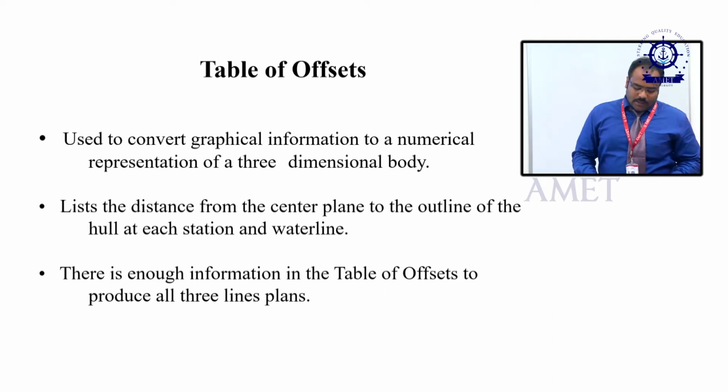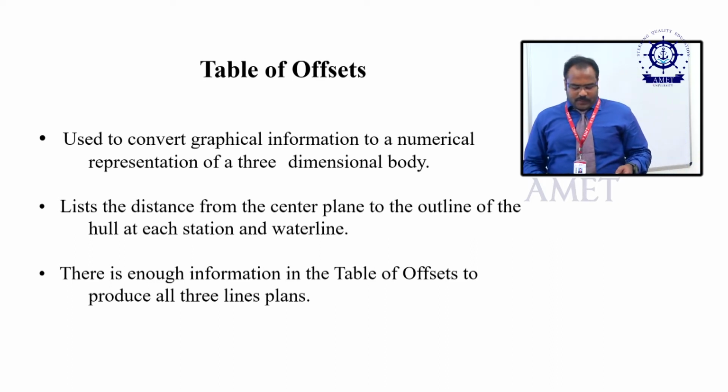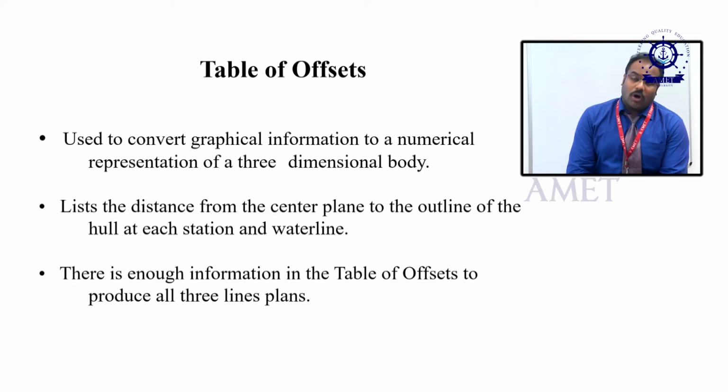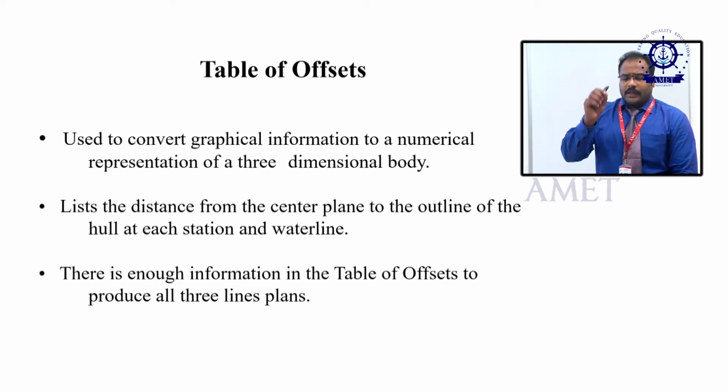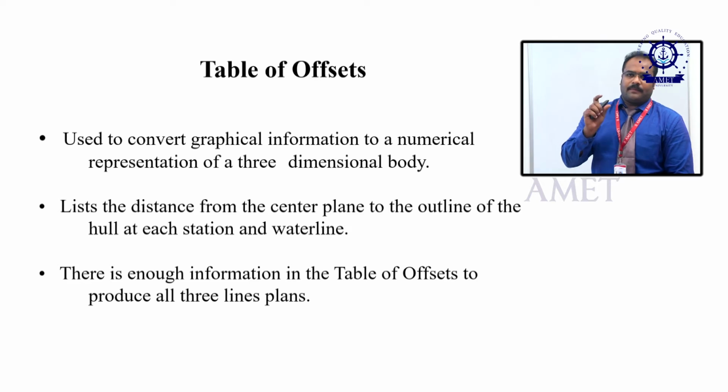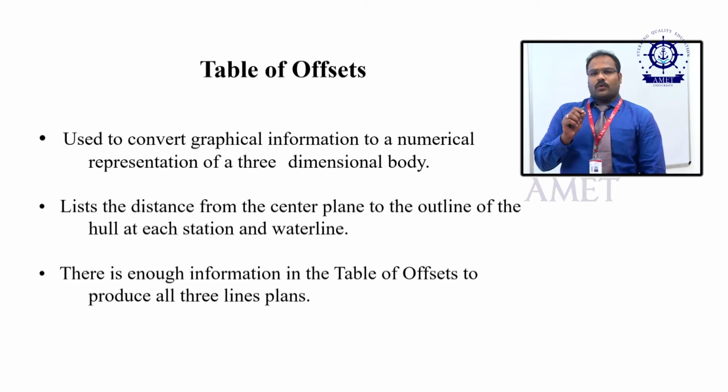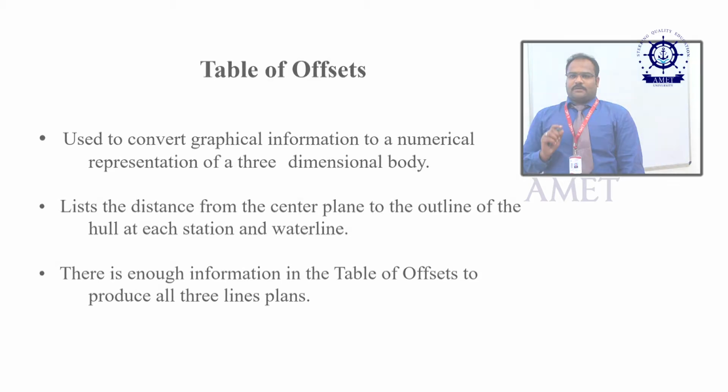So that will be listed. There is enough information in the table of offsets to produce all three lines plans. Wherever you take a point from the center plane, in any axis or any plane, the distance should be the same. That is how you can test the integrity of the lines plan.